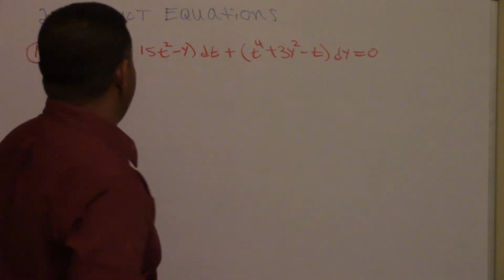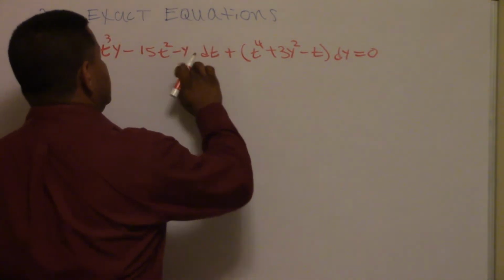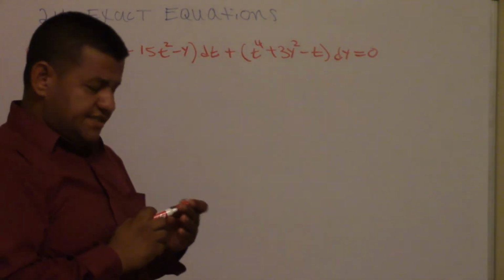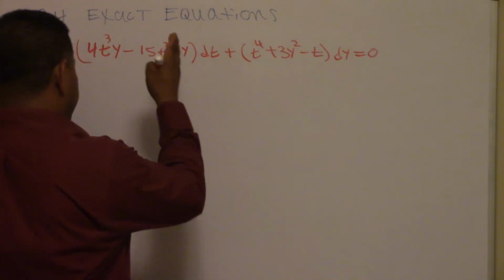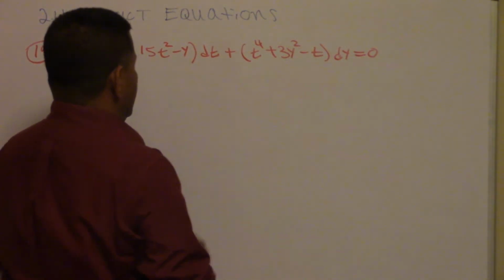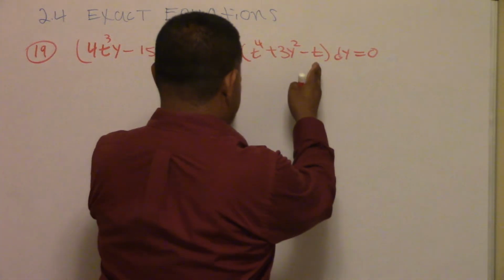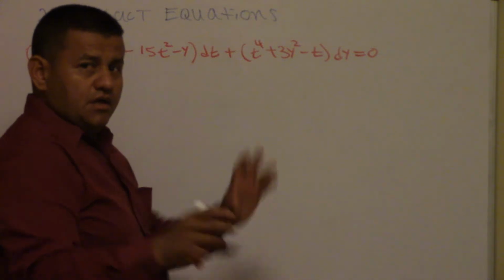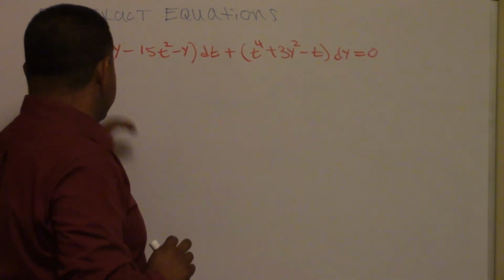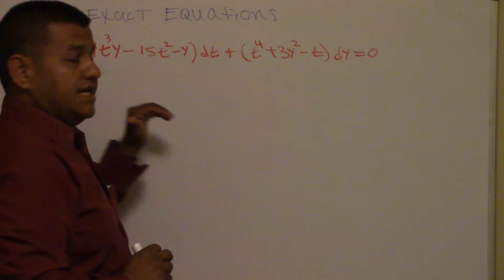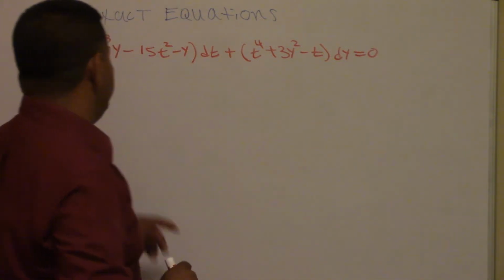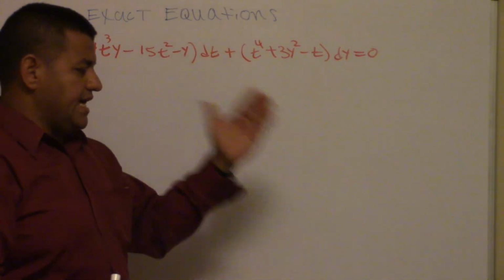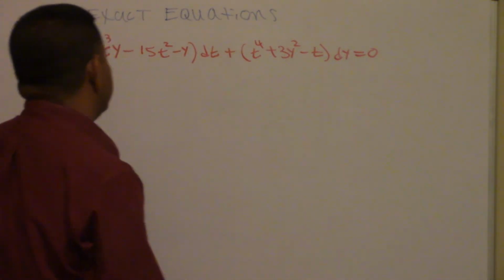Now, if we look at this differential equation, we see that it is in the standard form. Why? Because we have this piece belonging to this differential plus this piece belonging to this differential equal to 0, okay? The only difference in this case is that we have t instead of x. But that is not a problem because t is representing x in this case, okay?